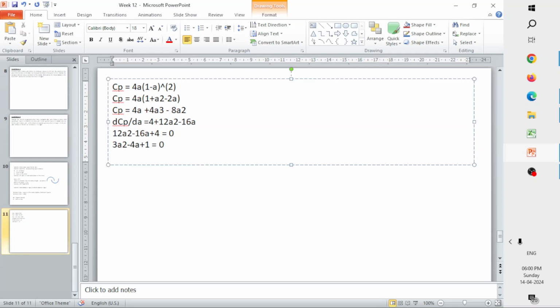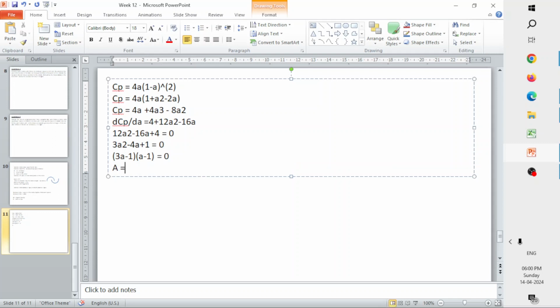You can simplify this as (3a minus 1) times (a minus 1) equal to 0. So the value of a will be either 1 or 1 by 3.